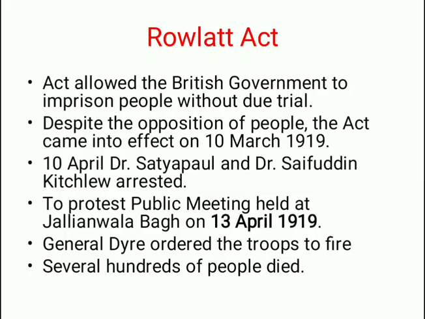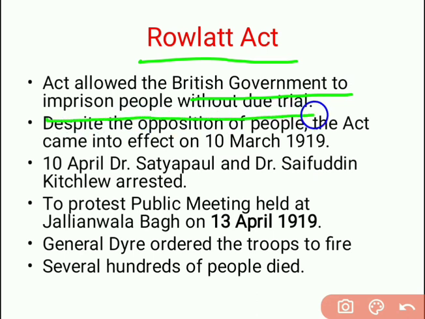Another law passed by the British government was the Rowlatt Act. This was also an arbitrary law, comparable to the Sedition Act of 1870, and it allowed the British government to imprison any person without due trial.